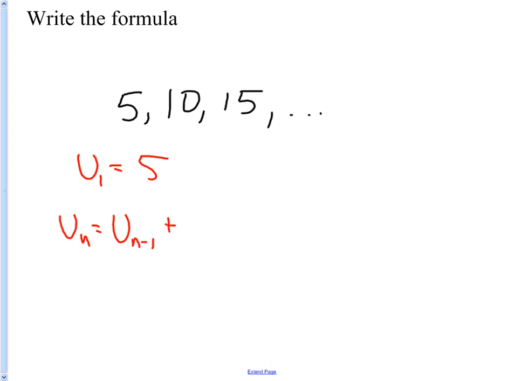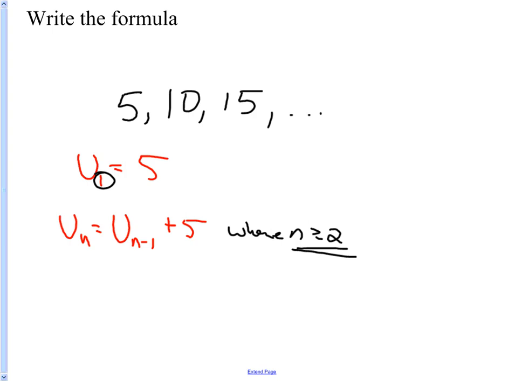In this case, plus 5, because they add 5 each time. And what's the domain? N is greater than or equal to 2, and it's always 2 if this is 1. If you start with u sub 1, then you're always going to use the domain that it has to be the second term or bigger, because otherwise the formula won't work. The formula can't figure out what happened before the first term.